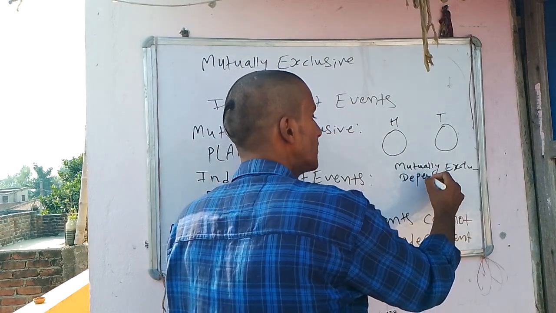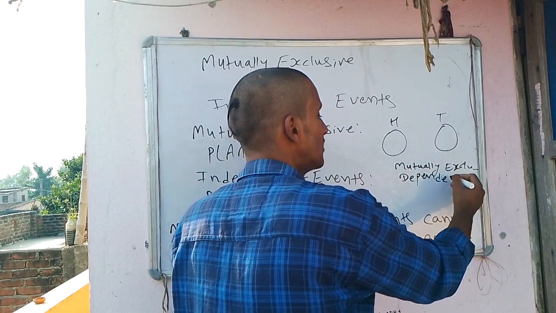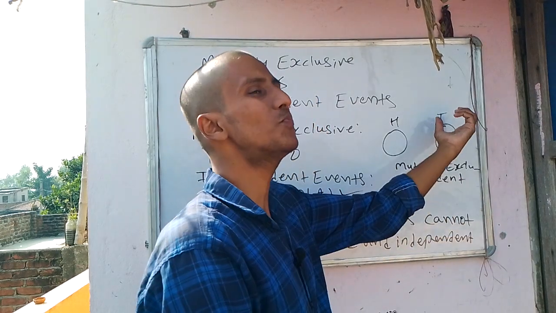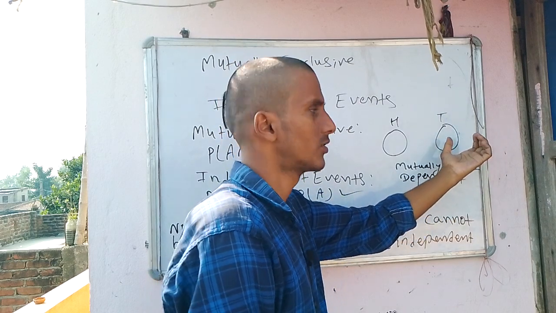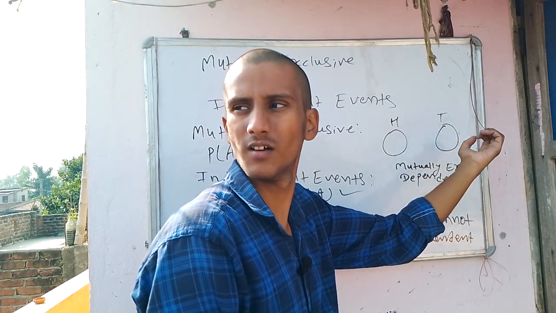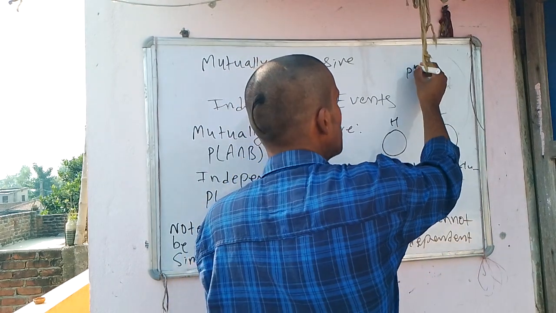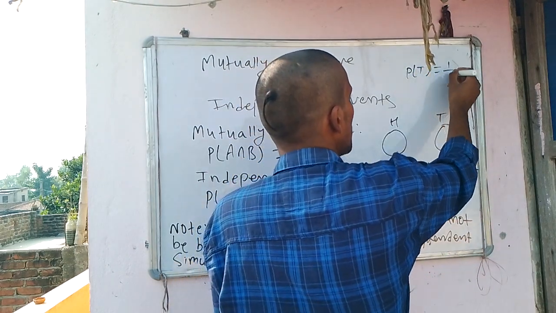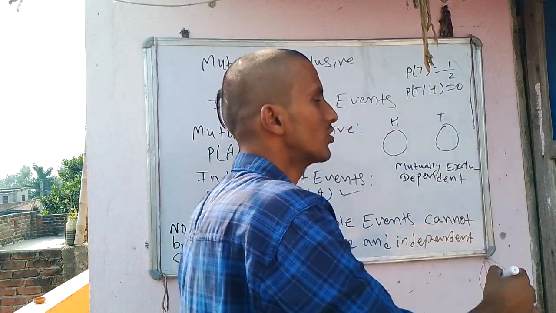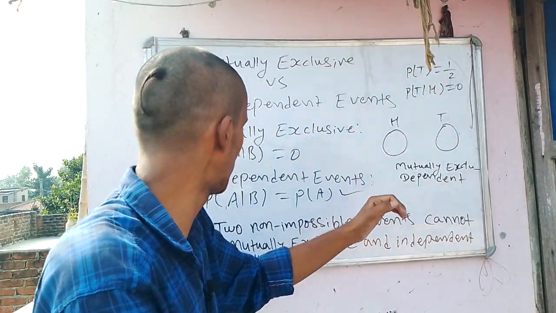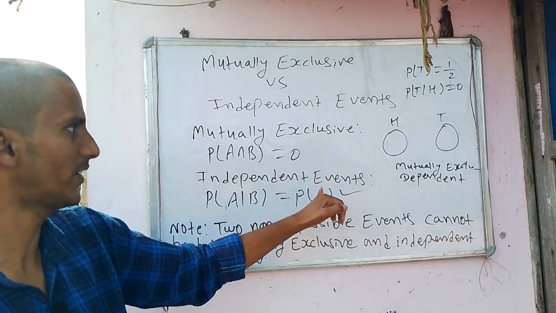How are they dependent? Because initially the probability of T was half, and the probability of T given H is 0. So it has changed. They are not equal. They should be equal for independence.